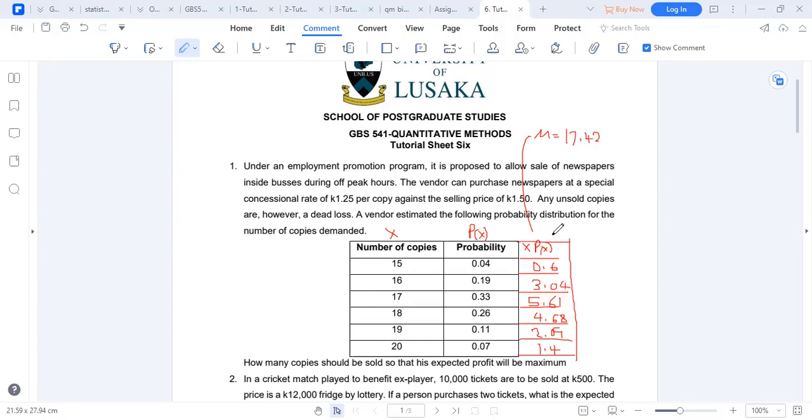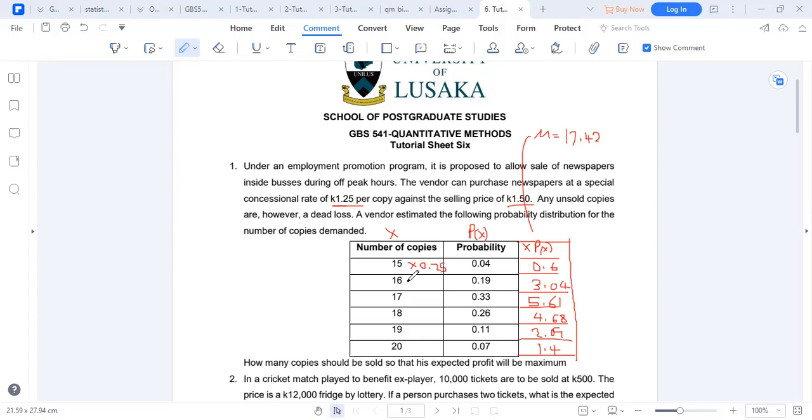Now, what is the actual maximum profit? We calculate our new X: the selling price minus the cost price. So 1.5 minus 1.25, what do we get? 0.25. So we'll multiply this by 0.25. So our question ends there.